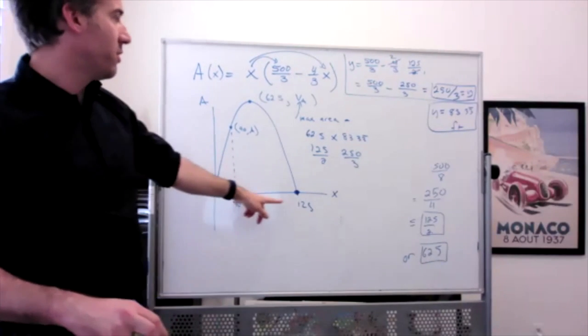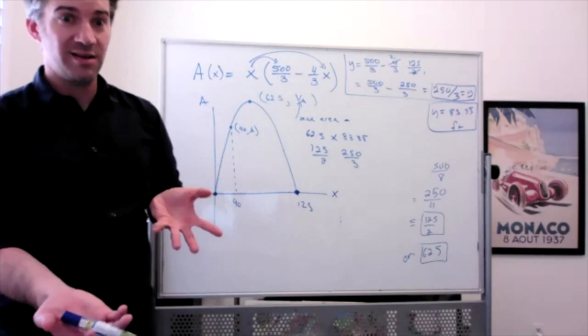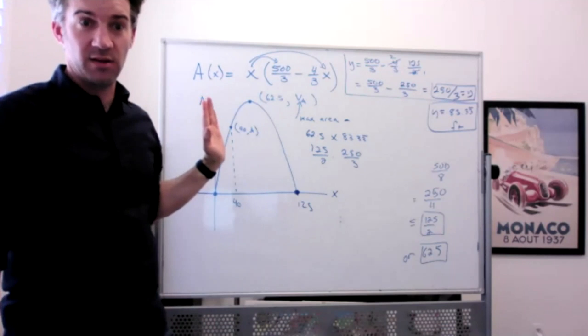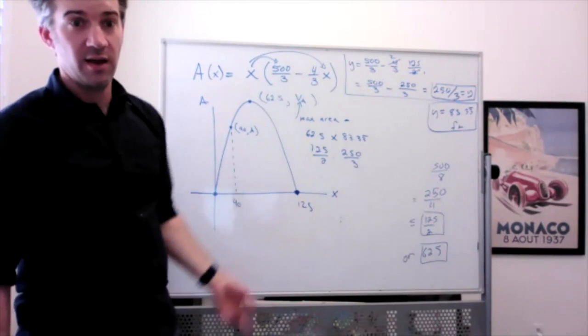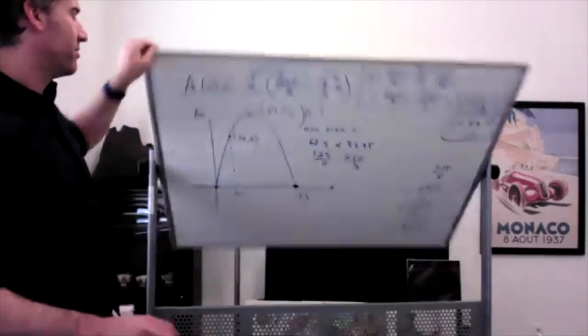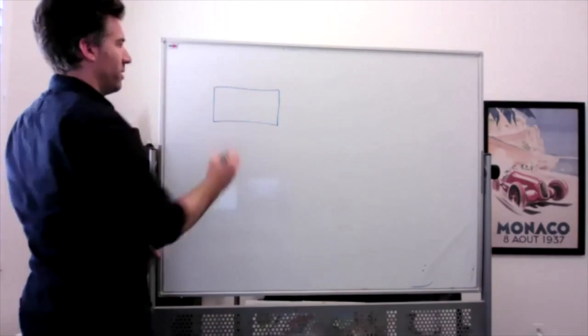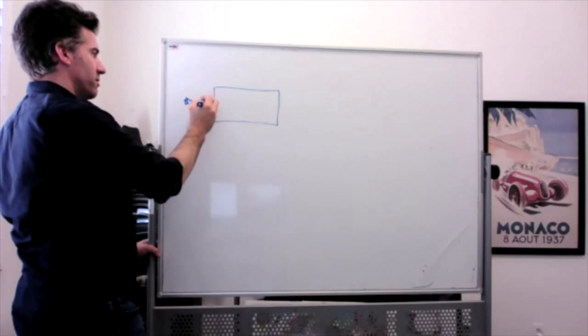The reason I know that the x-intercept is 125 is actually for two reasons. One, I know the vertex is always halfway between the x-intercepts, and one of the x-intercepts is 0, so the other one has to be 125. The other way I know, and I think I did erase my picture here, is that the x sides cost $2 per foot.